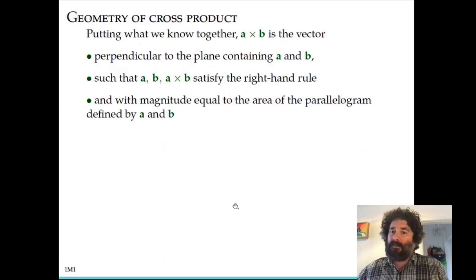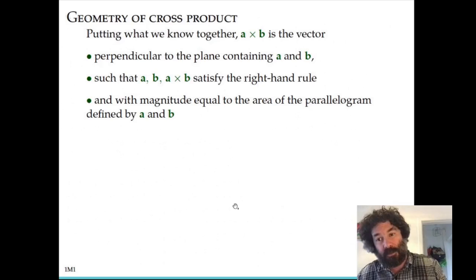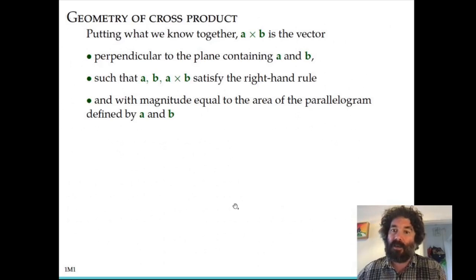Okay, so now we've discussed a few things about the geometry of the cross product, and we can describe the cross product not just using the formula that was on the first slide of this video, but in terms of geometry. So when we have two vectors a and b, the cross product is the unique vector which is perpendicular to the plane containing a and b. So you have two vectors. They describe a plane. They're both tangent to one plane. It's the plane containing the origin and the heads of those two vectors if they're based at the origin.